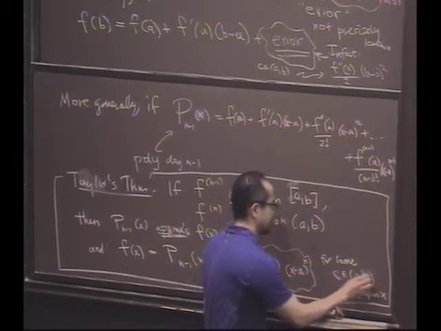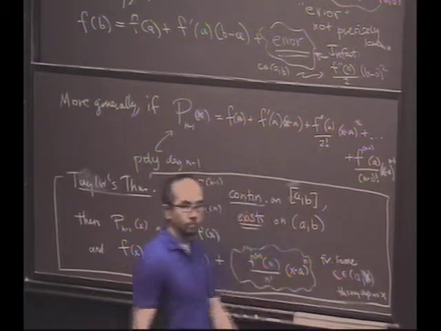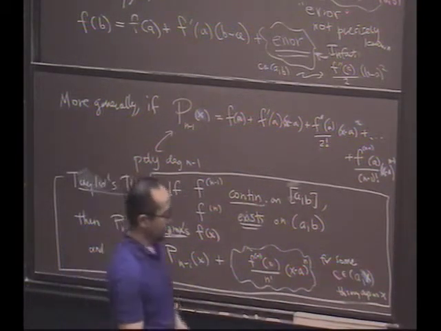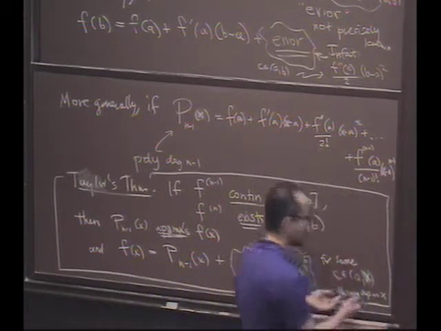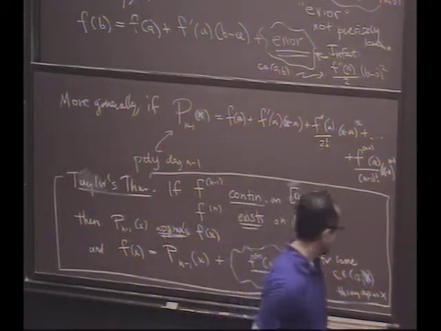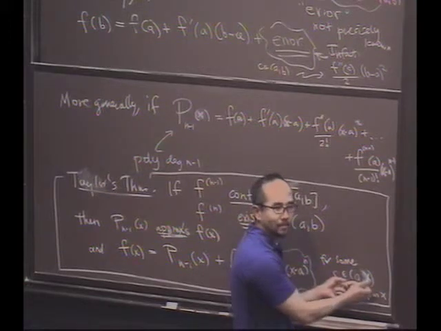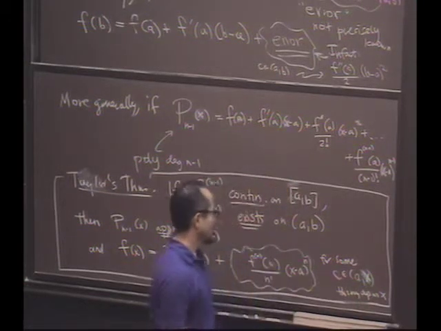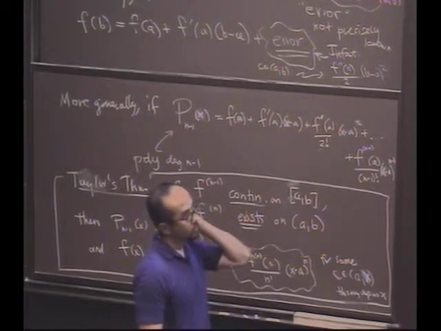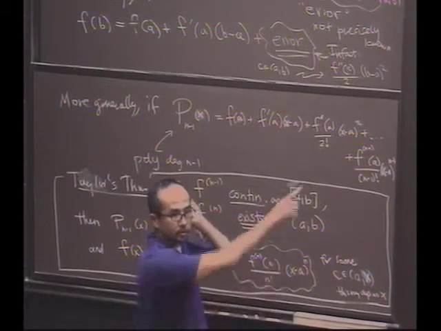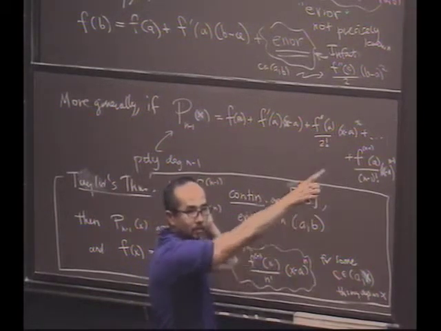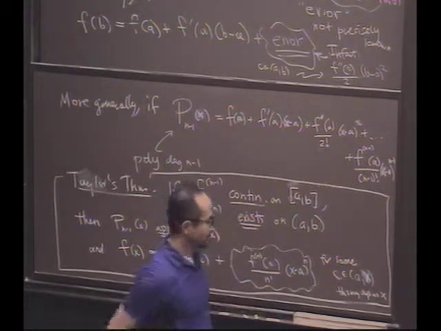Yeah. Now this clearly could depend on x. It certainly lives between a and b. But the c could change. Does that address your issue? You were trying to correspond the two, right?